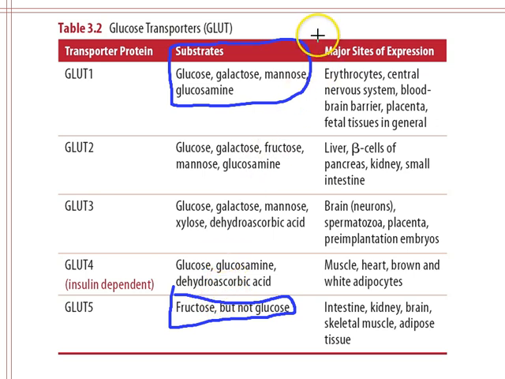And then the other thing that's important to recognize is that there are different major sites of expression. This doesn't necessarily mean that it's not expressed anywhere else in the body, but these are the major sites of expression that we're aware of.